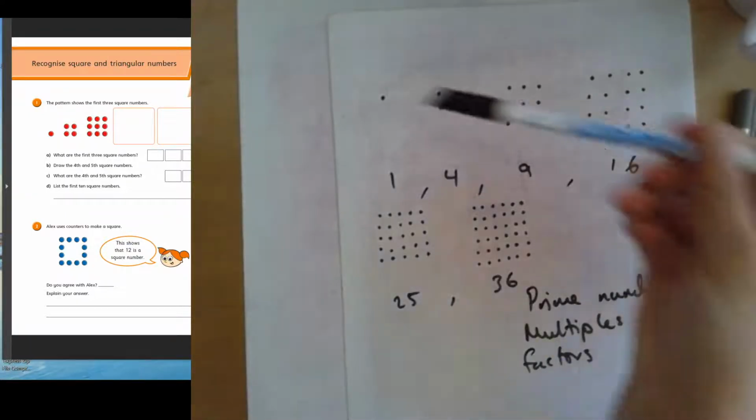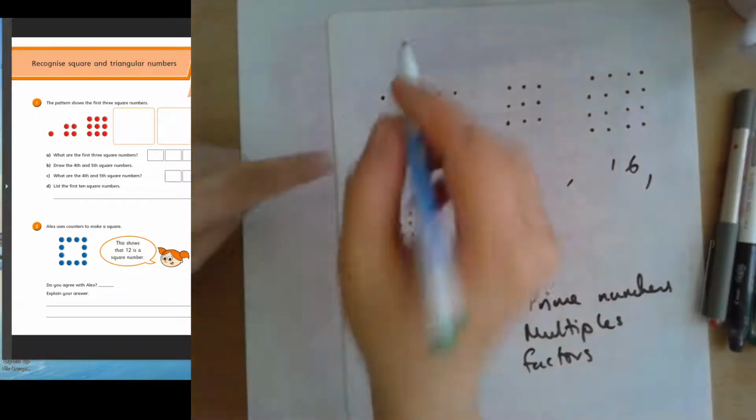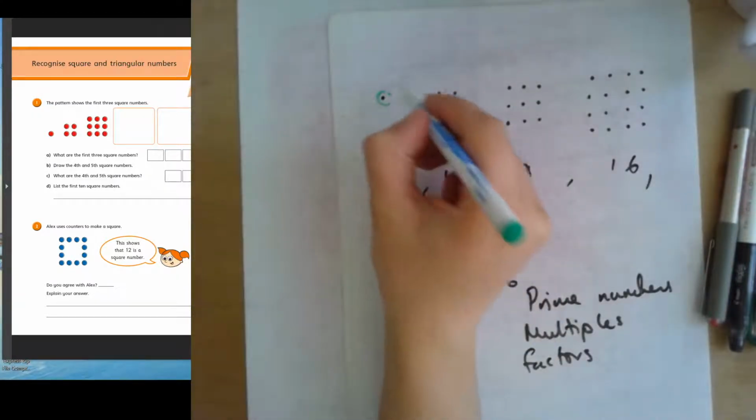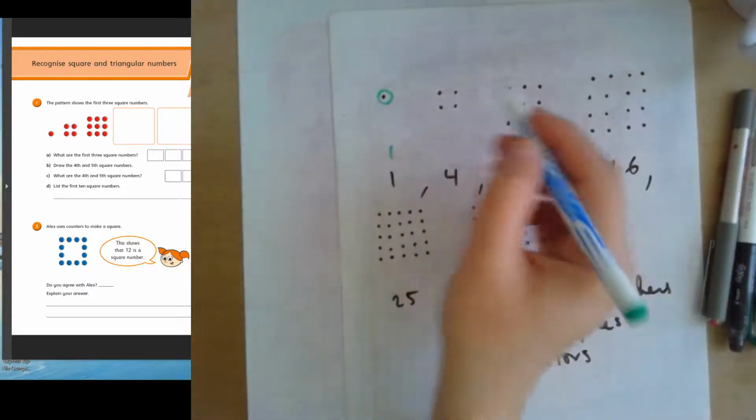And some of you might be going, oh, but what about the triangulars? How do I find a triangular? It's half a square, right? So just split it down the diagonal and there is your triangular. This one I can't really split, so it is just as it is, which is 1.